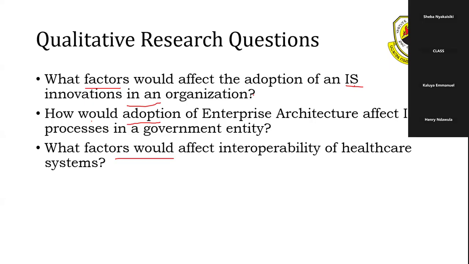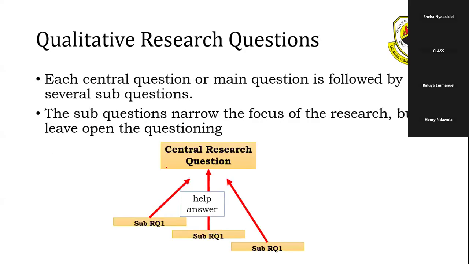Same thing with enterprise architecture: design a framework, then examine its effect on government ICT processes. It's the same question. It can fit exactly within the ICT, IS, and forensics research areas.